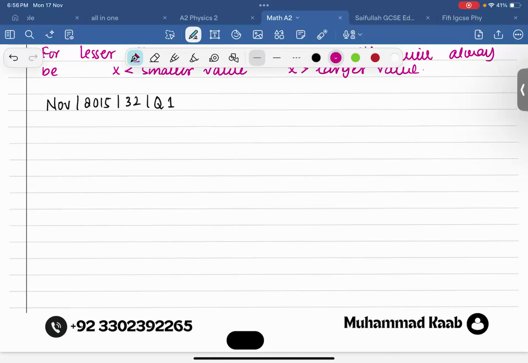The question says 2x minus 5 is greater than 3 minus 2x plus 1, right? So this is the inequality.